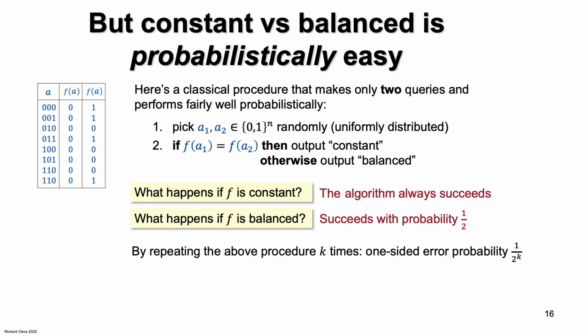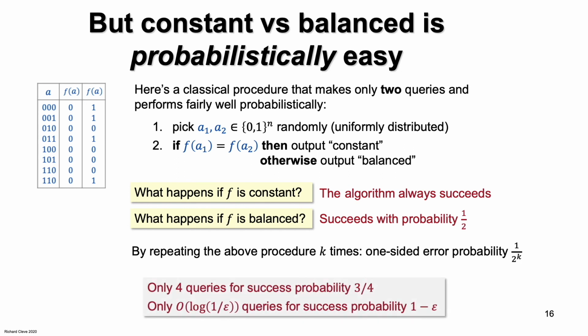By repeating the above procedure k times, we can make the error probability exponentially small with respect to k. Only 4 queries are needed to obtain success probability 3/4, and the success probability can be made any constant arbitrarily close to 1 with a constant number of queries.